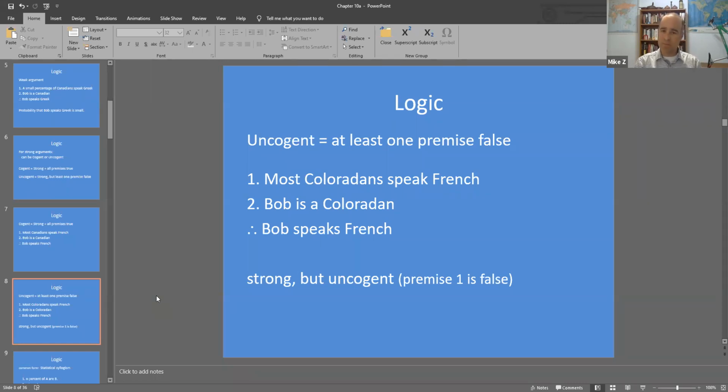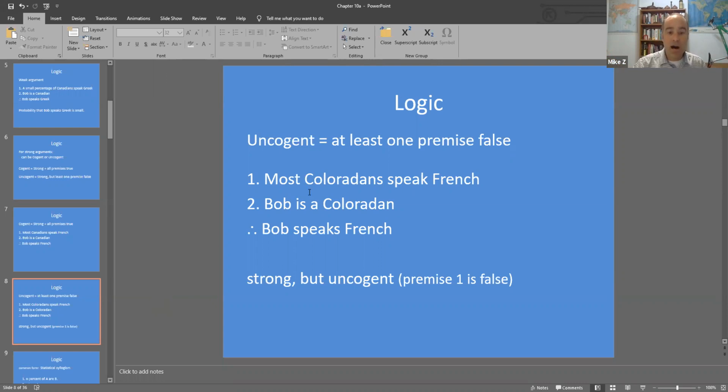Well, do most people speak French in Colorado? Like, no. I don't know exactly what the percentage is, but I don't even really know very many people in Colorado that speak French. So it's relatively rare.